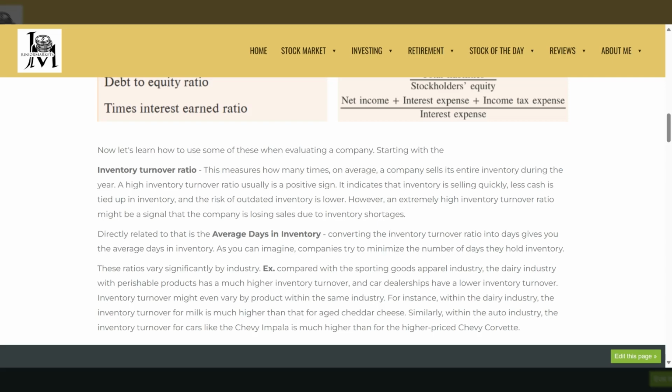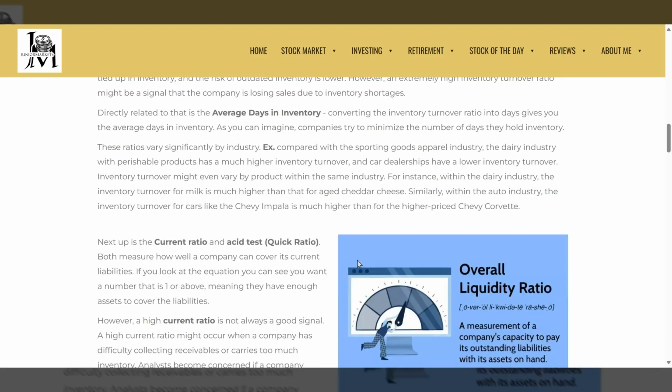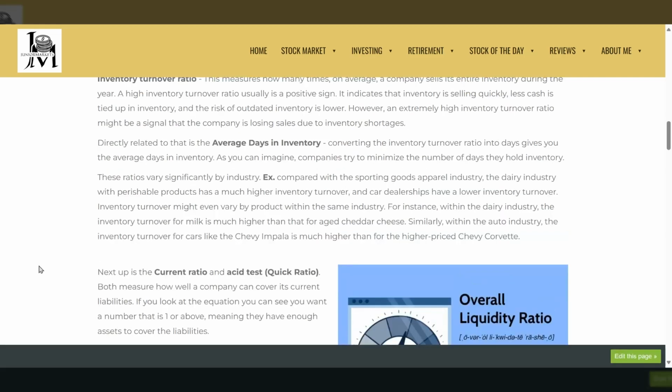So the next thing we're going to go over is asset turnover, which is net sales again, but instead of average inventory, it's going to be average assets. And this measures the value of a company's sales or revenues relative to the value of its assets. So this ratio obviously is relevant to companies with substantial asset bases, such as automotive manufacturers or airlines.